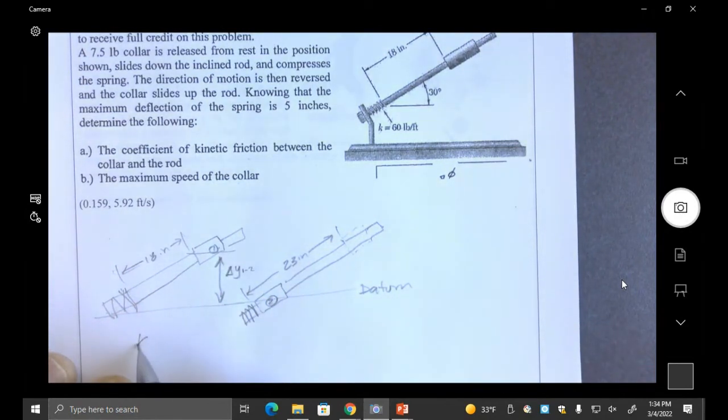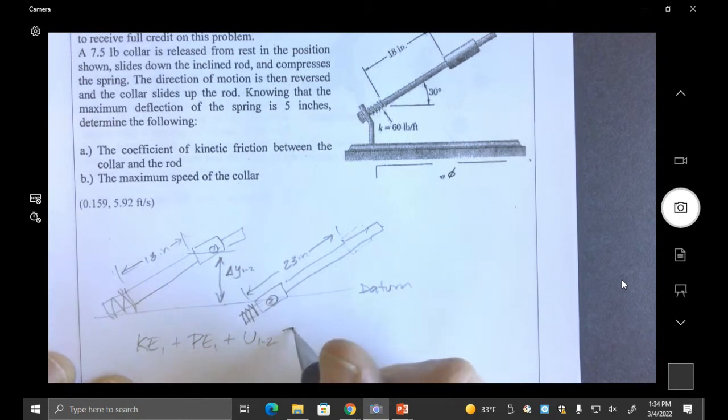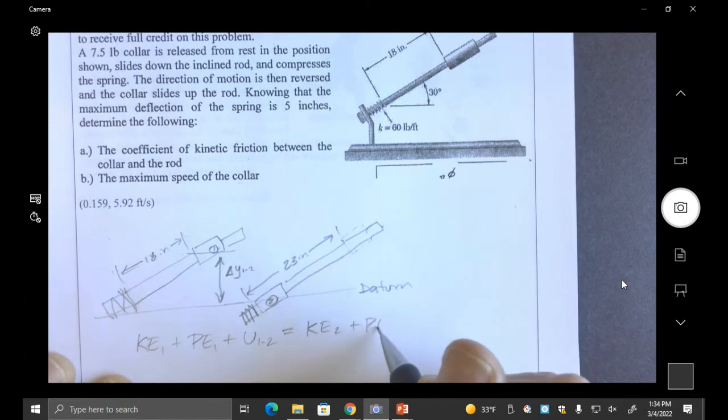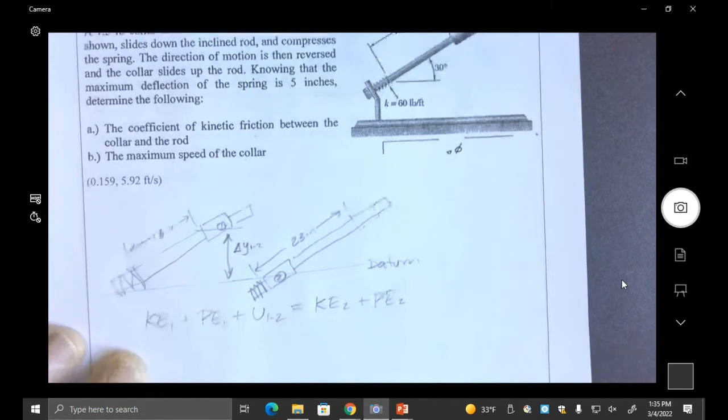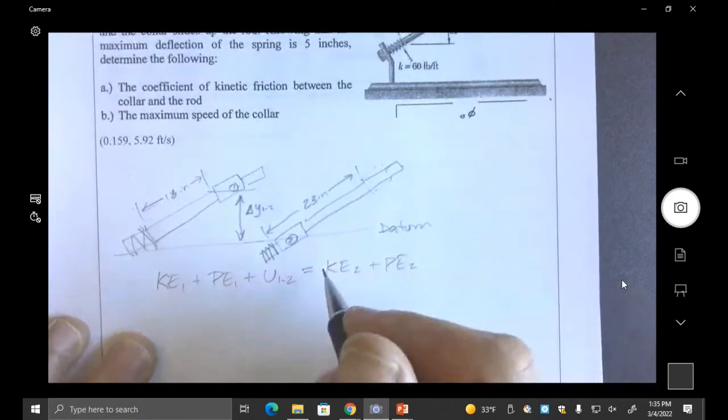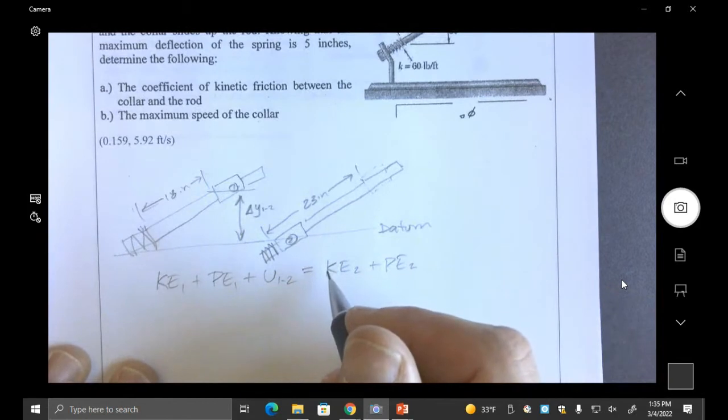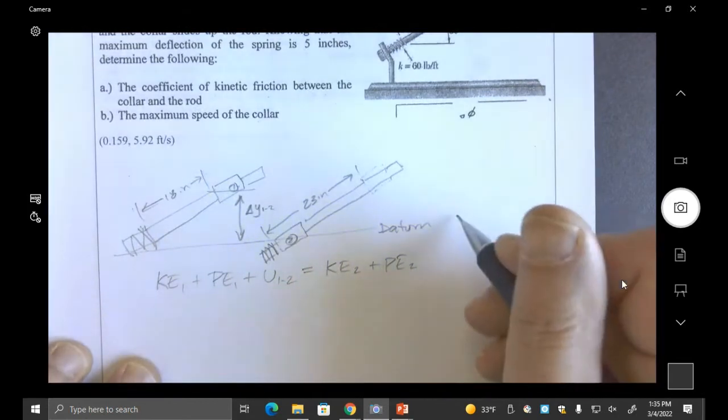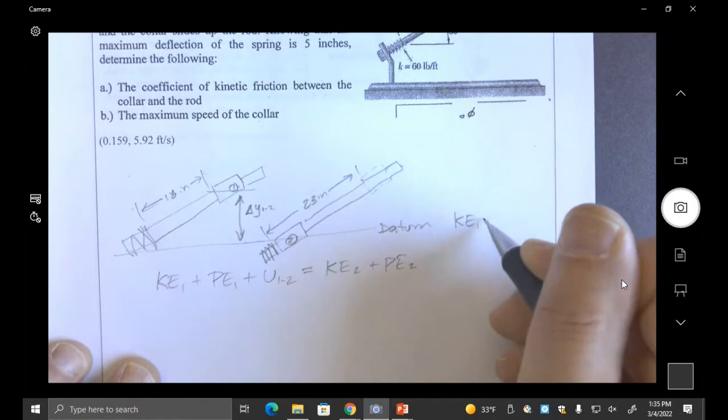So in this, a good thing to start writing out is KE1 plus PE1 equal to KE2 plus PE2. And think about what each of these is going to be. I kind of like to write each of these.